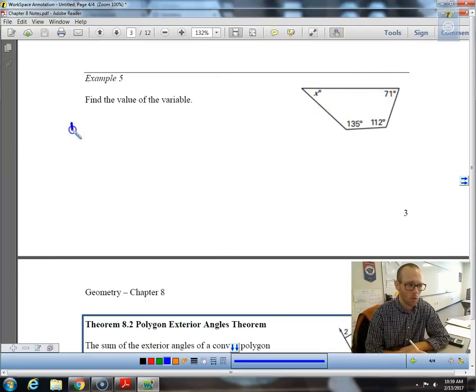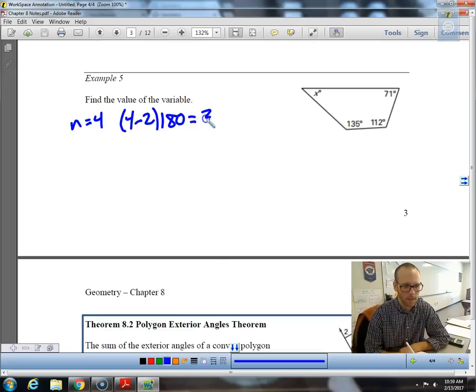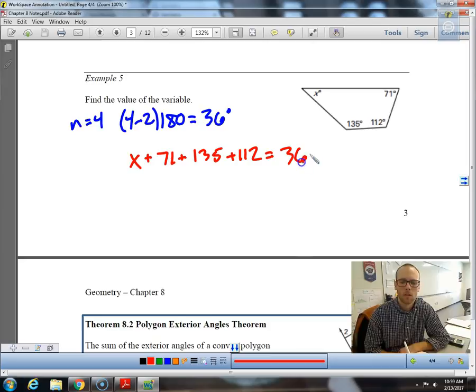Well, if you don't remember the answer, our work would look like that. There's 360 degrees here, isn't there? I know those 4 angles have to add to 360. I can find x. X plus 71 plus 135 plus 112 equals 360.